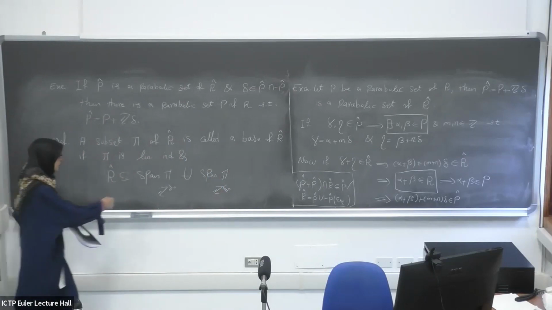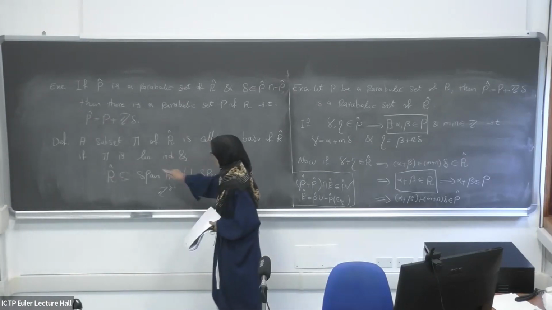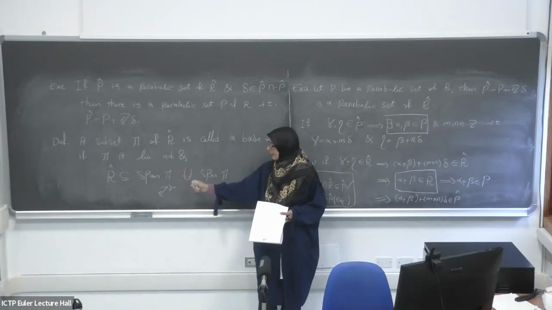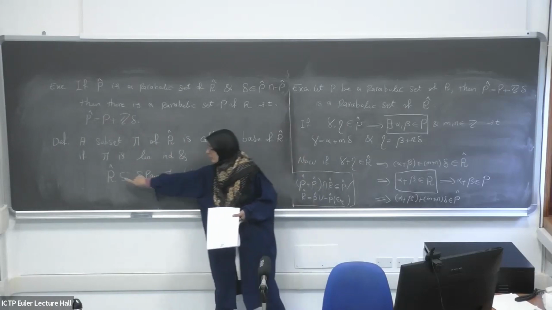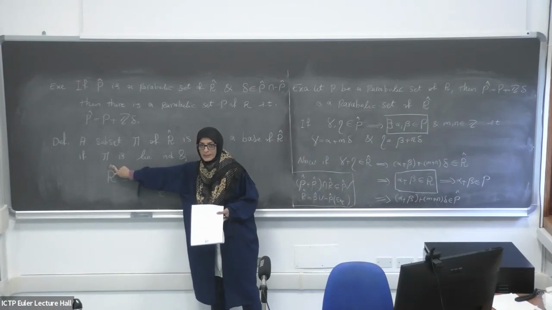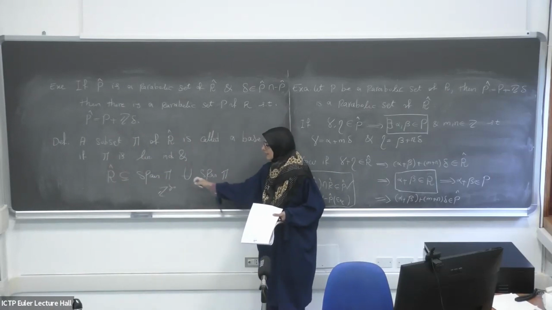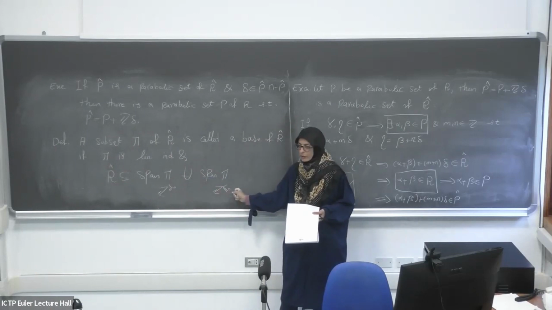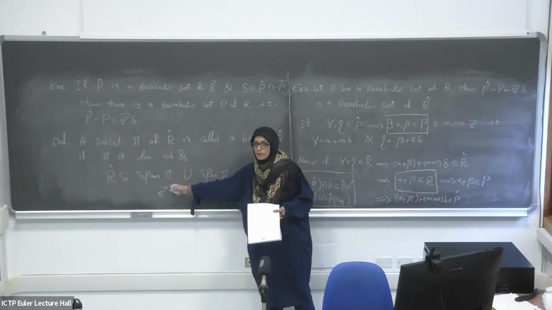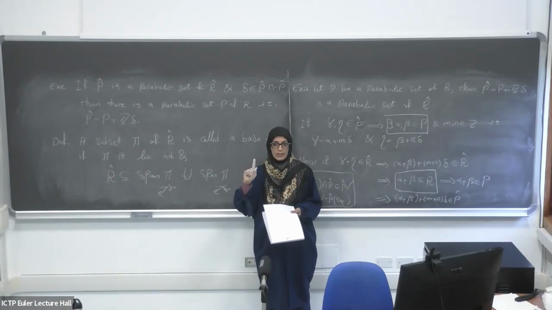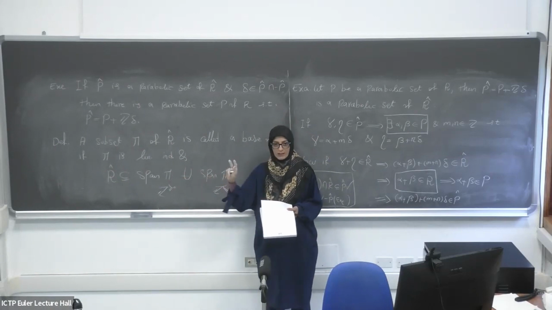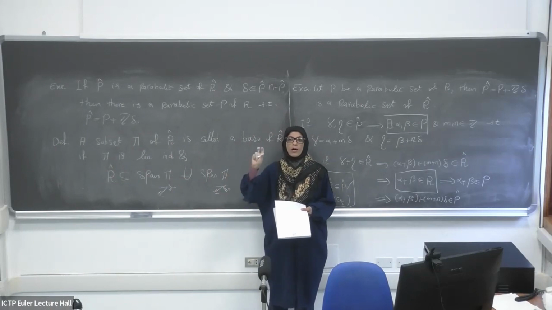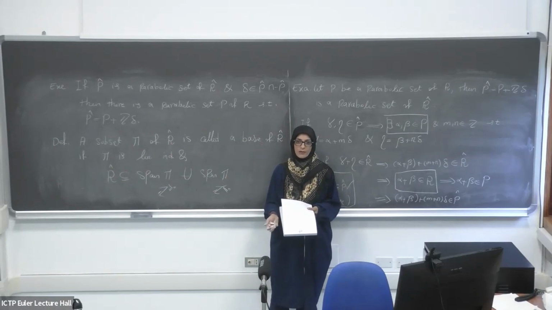What does it mean? You know, pi is linearly independent. And what is this condition? Each element of R hat can be written as a linear combination of elements of pi, but the coefficients are, at first, all integers, and not only integers, all of them are non-negative or all of them are non-positive.